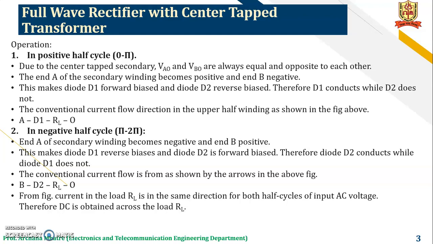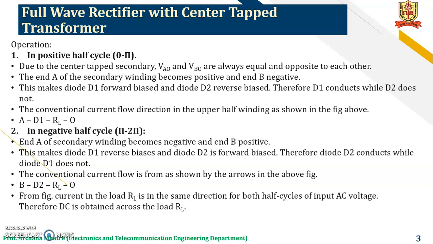Next, for the negative half cycle, that is pi to 2 pi, the end A of the secondary winding becomes negative and B becomes positive. This makes diode D1 reverse biased and diode D2 forward biased. Therefore, diode D2 conducts while diode D1 does not conduct.